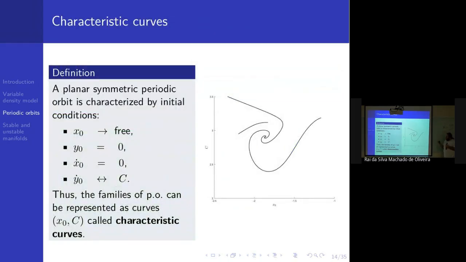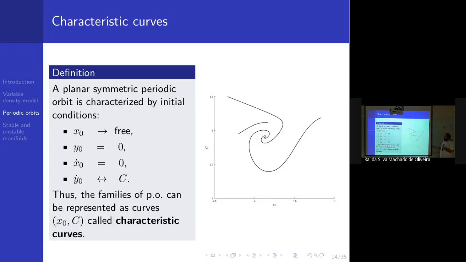When you have a reversible system, planar symmetric periodic orbits can be represented in the plane. Why? Because since it is symmetric, the initial condition must be in the x-axis and start perpendicular to it.